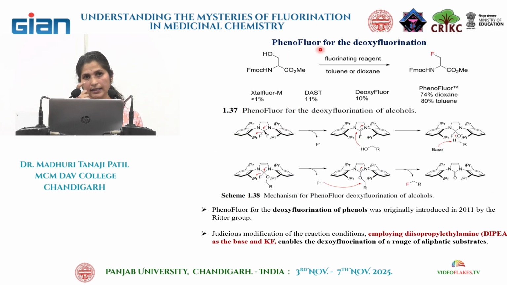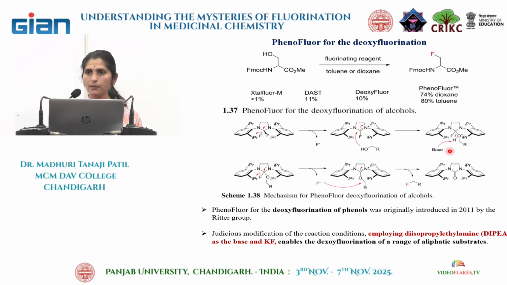Phenofluor. We have discussed earlier that Phenofluor is generally used for displacement of phenolic OH group, and you can get fluorine there. But you can also displace OH in aliphatic substrates and get fluorine there. It has a structure like this, which we have initially seen. This lone pair of nitrogen will attack and form a carbon nitrogen bond, F minus will come out, then OH will attack here.